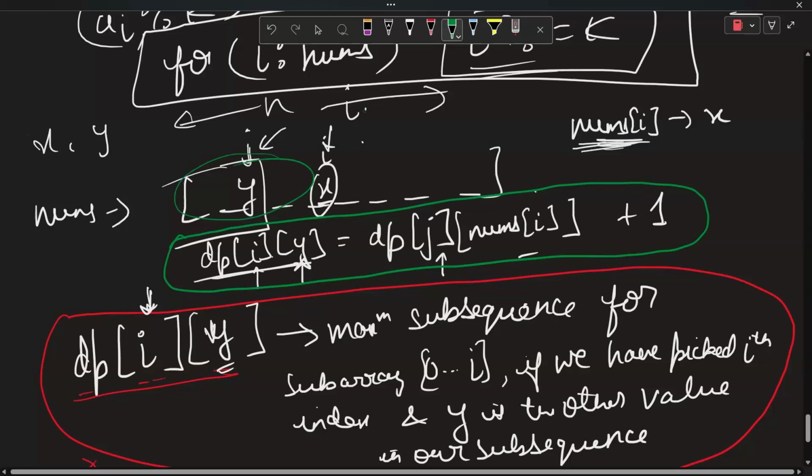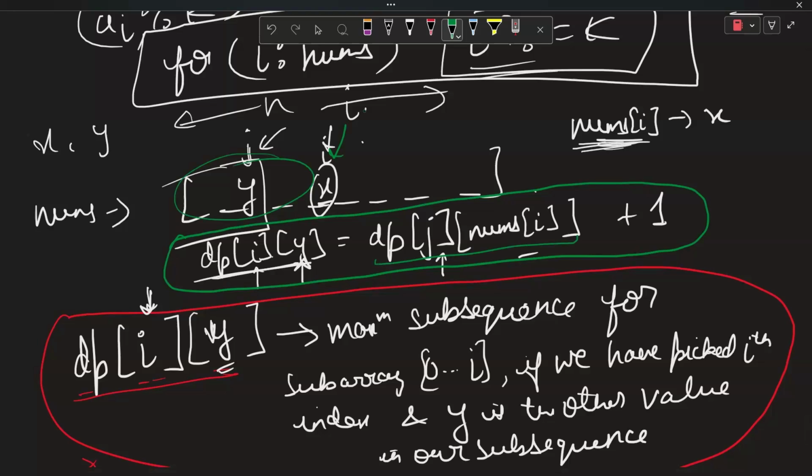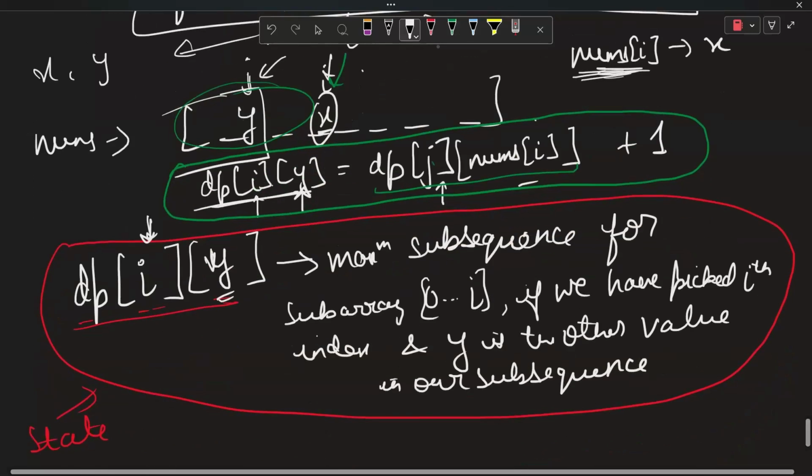If there are no y present before x, you cannot pick a y, then your dp[i][y] would just be 1. Just pick this element. It would be 1. So this value would be 0 if there is no such j present, which is less than i and nums[j] is y. So what's that j? Did you get what the j is? I'm telling this j is such that nums[j] is equal to y and this is the greatest j which is less than i.